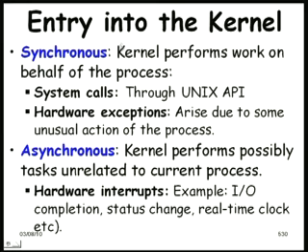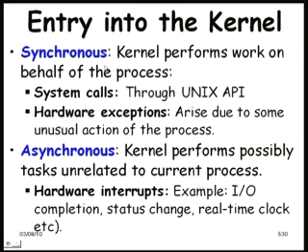So, these are the synchronous ones, and these occur in the context of a specific process. See, this hardware exception occurred on behalf of the process, right? The process was running and the exception occurred, and similarly the system call was made by the process.